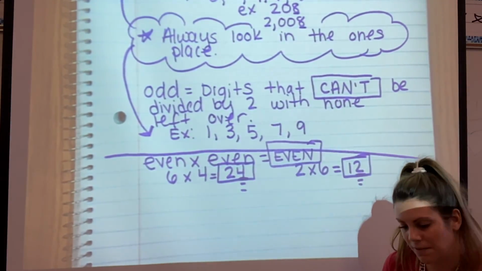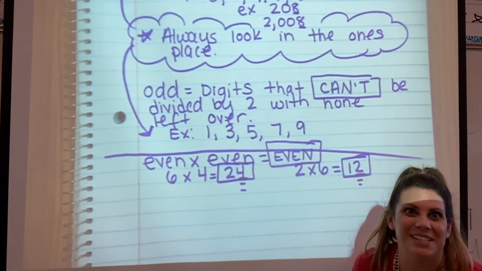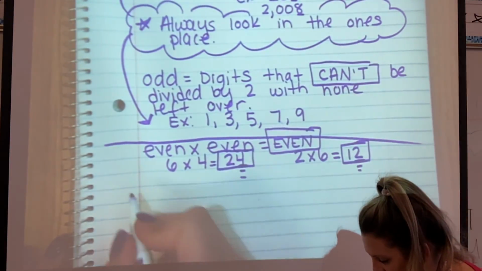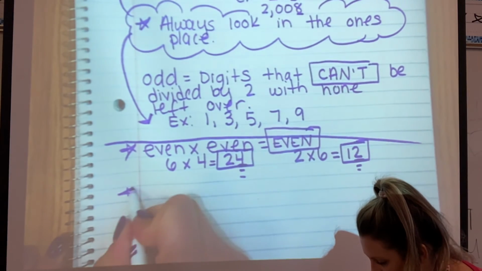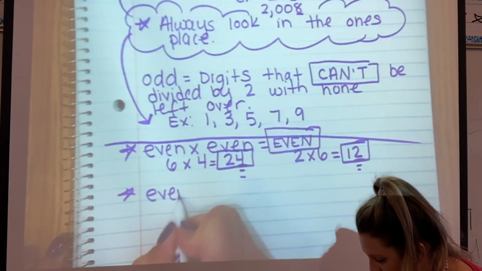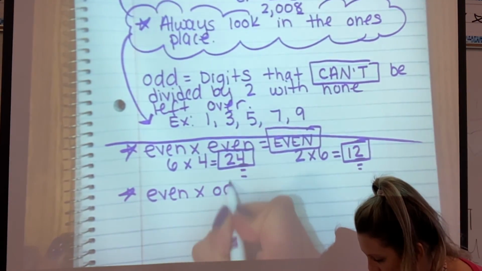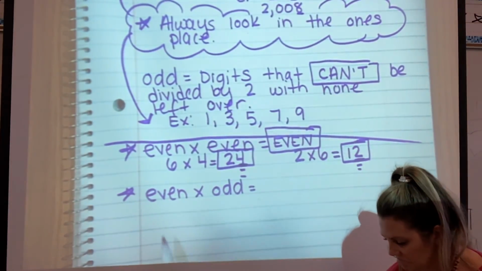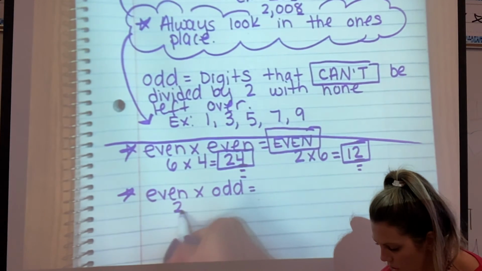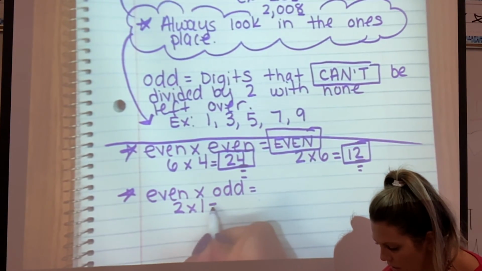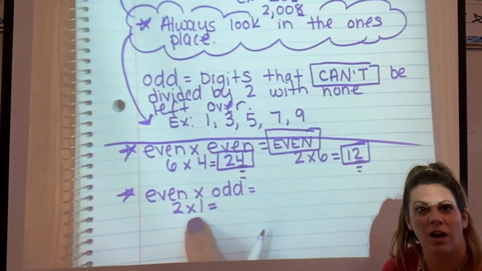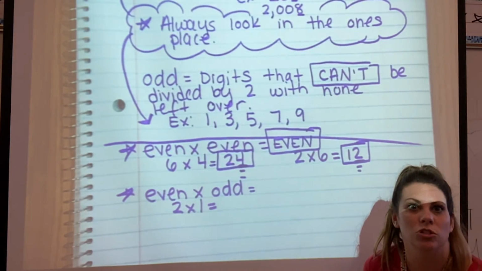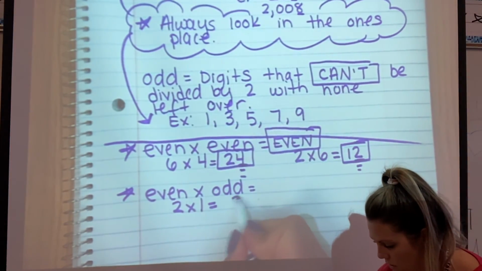Well, that's pretty easy. All right, what if we do even times odd? What do you think? So let's do even times odd. What's that going to equal? Well, let's pick an even number. Let's just do an easy one. Let's do 2 times 1. We've got our even and we've got our odd. What's 2 times 1? You should be yelling that to me. 2.